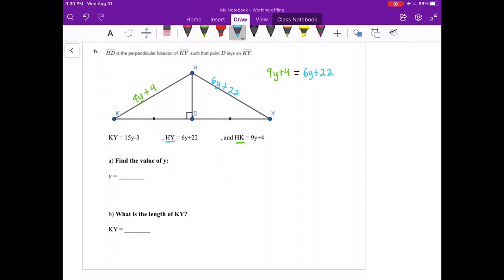Now it's just our job to solve for y. So we're going to start by subtracting 6y from both sides of our equation. This leaves us with 3y plus 4 equals 22.